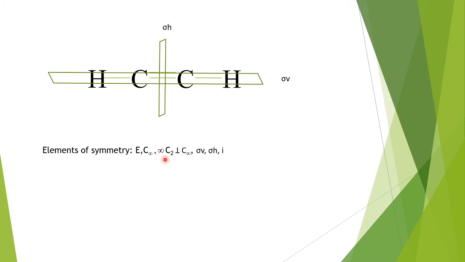Then we have sigma v. I'm sorry, I forgot to mention, here we have infinite sigma v. Please write it down: it is infinite sigma v. Then sigma h and center of inversion i. I hope this is clear for you. Thank you.